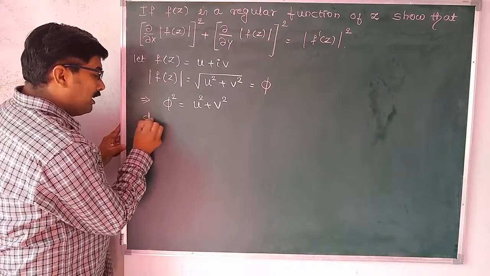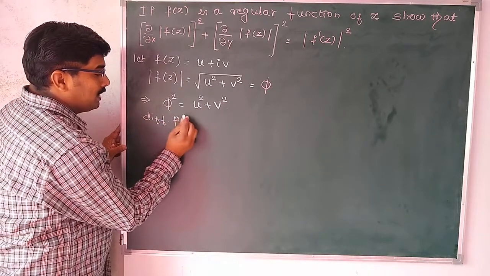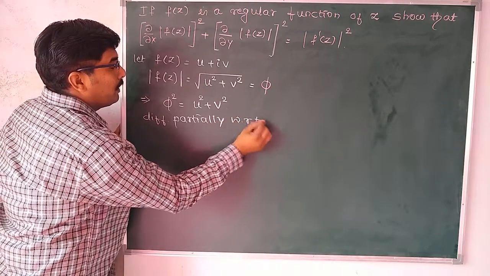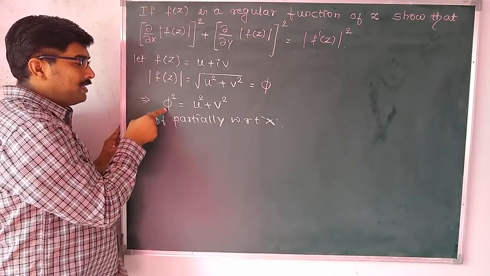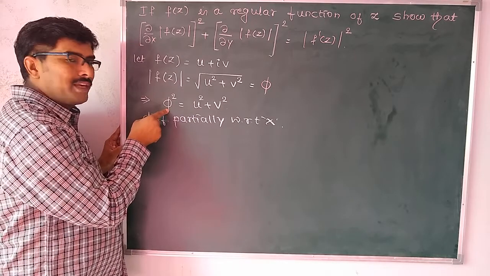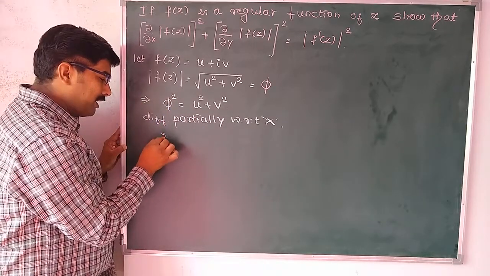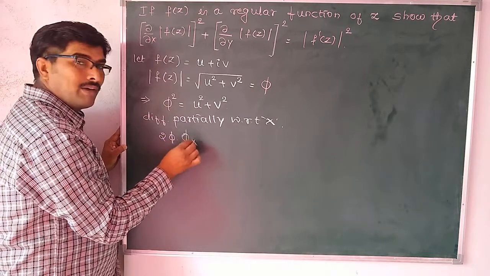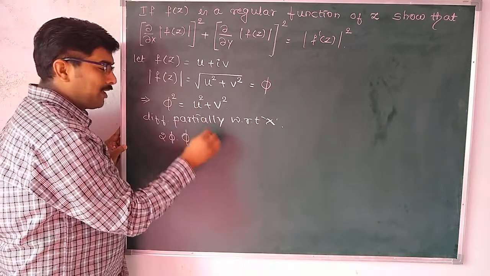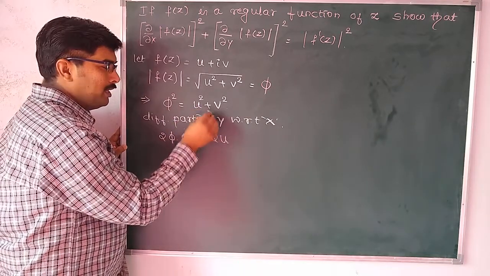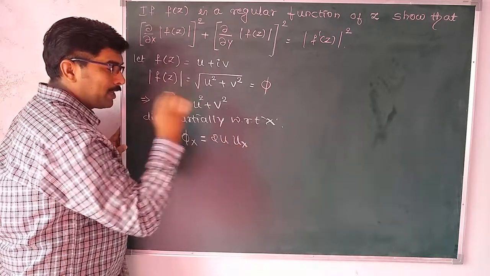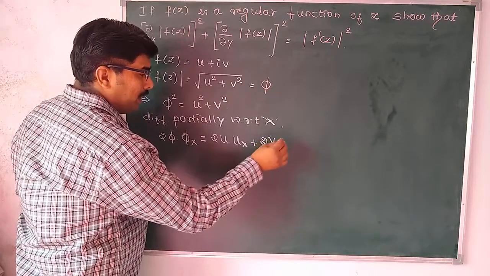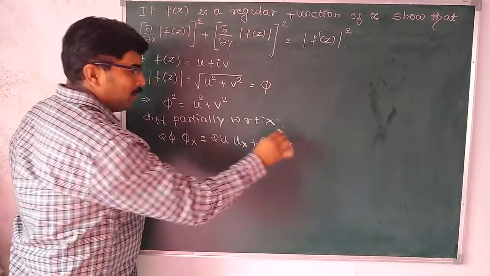So we'll write here, differentiate partially with respect to x. And if you differentiate partially with respect to x, what is differentiation of phi square? Differentiation of phi square is 2 phi into differentiation of phi with respect to x is phi x, that is equal to differentiation of u square is 2u, and differentiation of u with respect to x is ux, plus differentiation of v square is 2v, and differentiation of v is equal to vx.